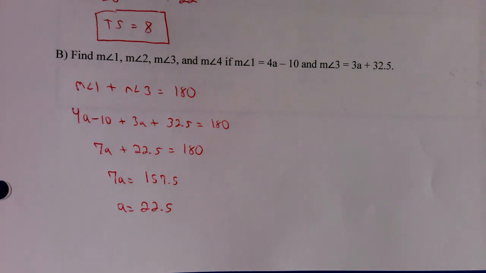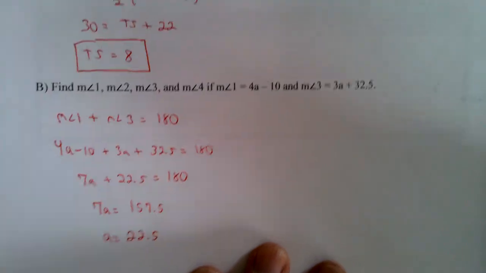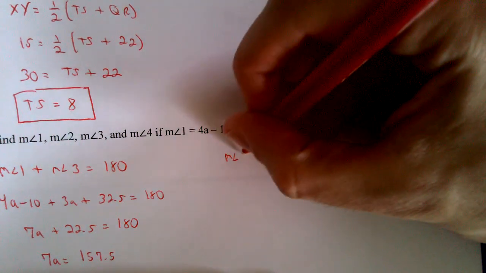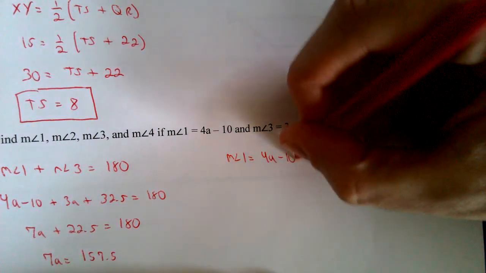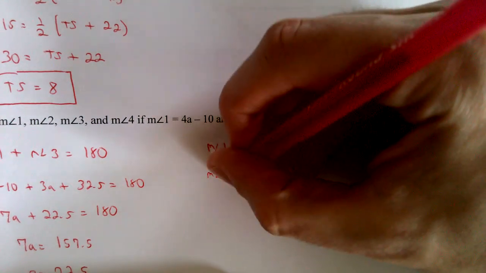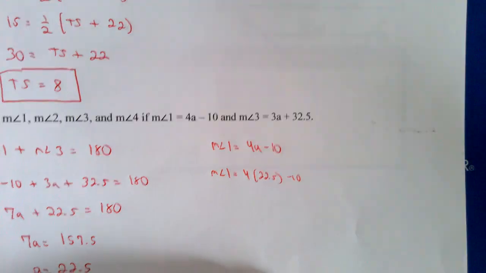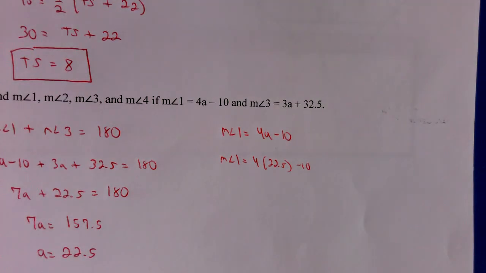Now let's find the measure of angle 1. The measure of angle 1 equals 4a minus 10. So that's 4 times 22.5 minus 10. So it's 90 minus 10.